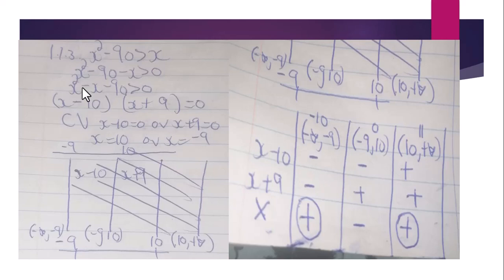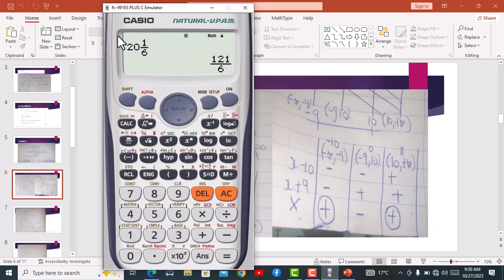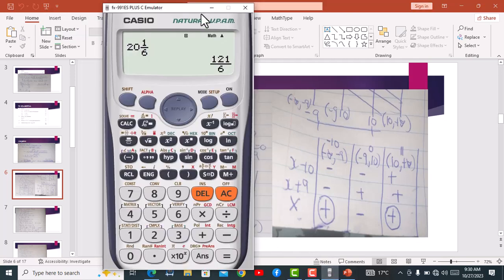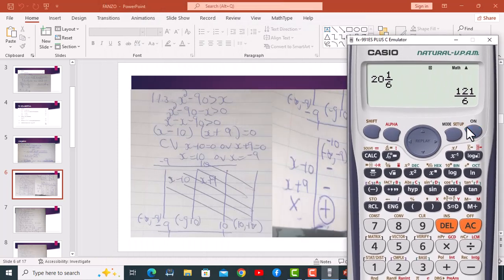And then from there, we know that we need to factorize. You ask yourself, can this be factorized? Of course. Can you find the factors of 90 that can give you 1? Yes. Let me show you how I did this, because it is very important that I explain that to you.